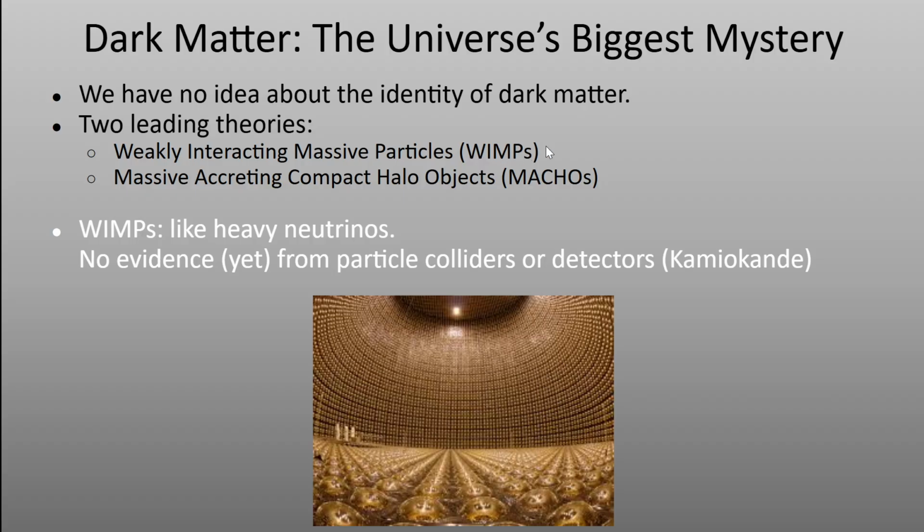The other major class are so-called massive accreting compact halo objects, pretty much aka black holes, although technically MACHOs could refer to any more macroscopic massive object. The accreting compact halo part is really saying, okay, that we mean black holes here.